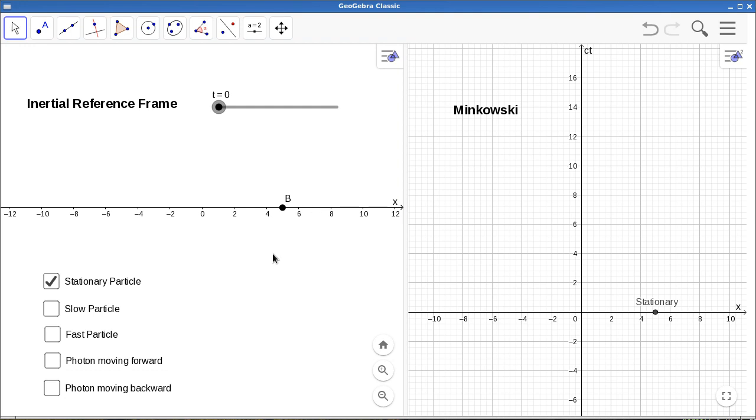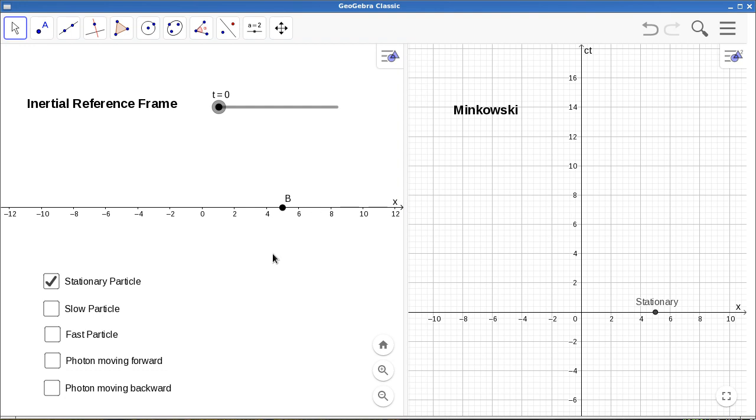Of course, the particle is not moving in real space, in the real inertial reference frame, but in Minkowski's representation, the point represented by the particle will move. The particle will be stationary, but the corresponding point in the Minkowski space-time is going to move.